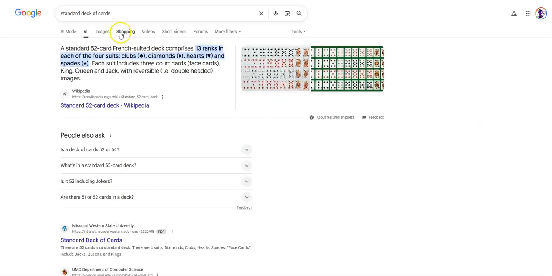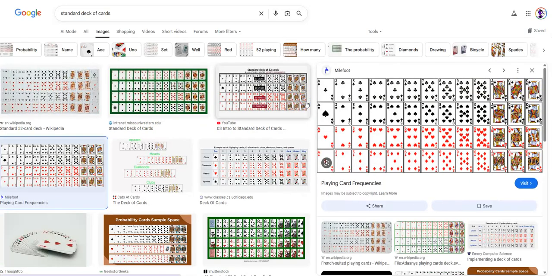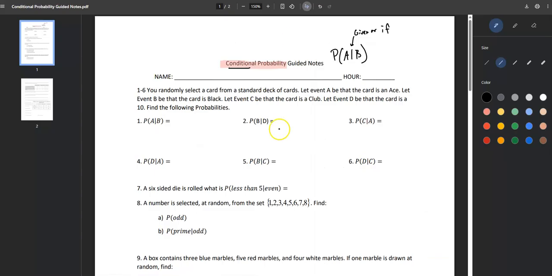Here are some images of those, and you can always look them up. I've got 4 aces, 4 twos, 3s, 4s, 5s, all the way up to kings, and that is what is in my deck of cards.